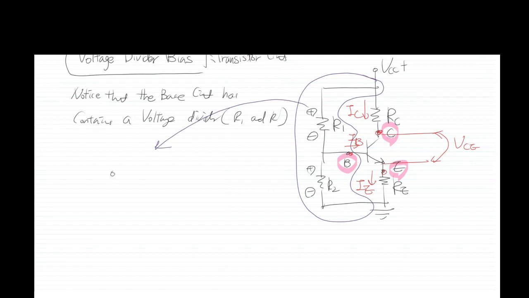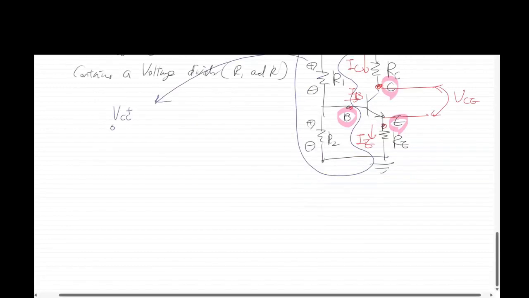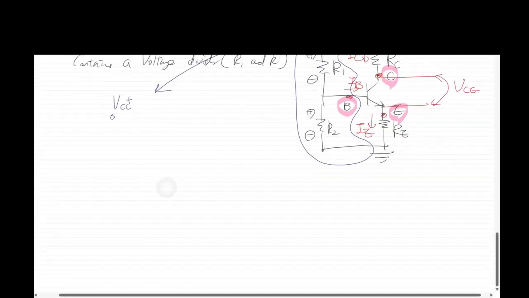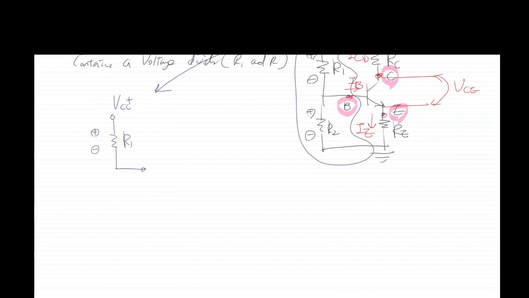That was V sub CC plus, R sub 1 with plus and minus, then V sub BB, right? And that was R sub 2 with the plus-minus voltage drop. That was the ground.